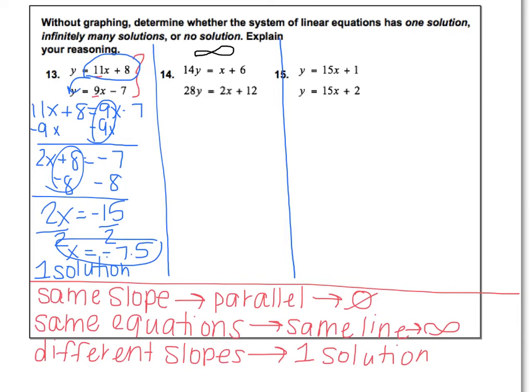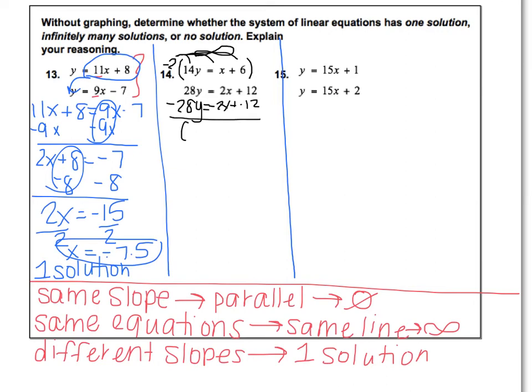If you wanted to prove that, what we could do is we could do system of elimination. So elimination requires us to have opposites. So if I wanted the opposite of 28y, I'd have to multiply the top by negative 2. When I do that, that gives me a negative 28y equals a negative 2x plus a negative 12.